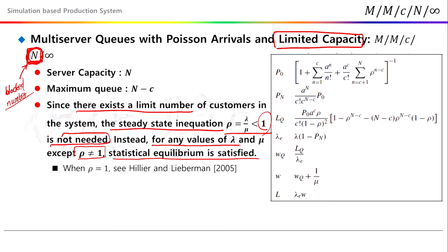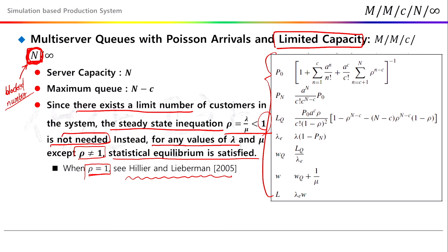If you are interested in what happens when utilization is 1, you can find theoretical papers in Google Scholar. Okay, and relevant indexes can be calculated with these given formulas.